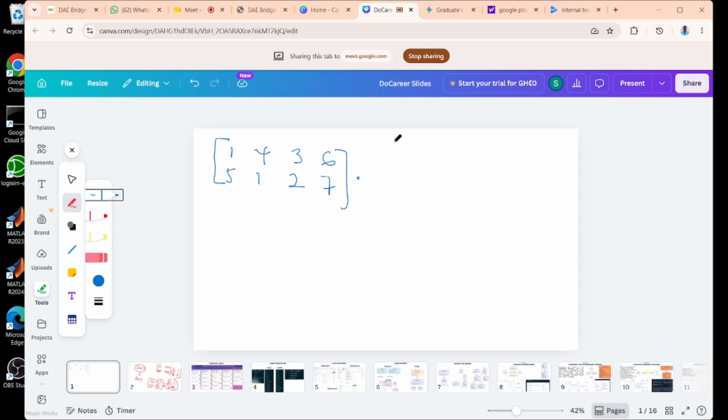Against 4 by 1. So I'm doing 1, I'm doing 3, I'm doing 5, and then I'm doing another 3. All right. So this is the first one.